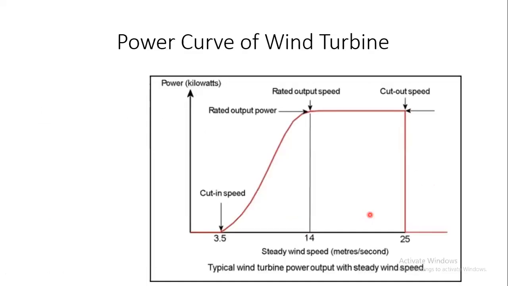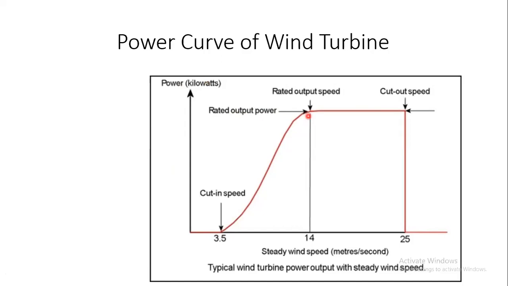Now we come to the power curve of wind, which tells us the steady wind speed in meters per second versus power in kilowatts. The steady speed on the x-axis starts from about 3.5 meters per second onwards, and reaches about 14 meters per second, producing the rated output power.